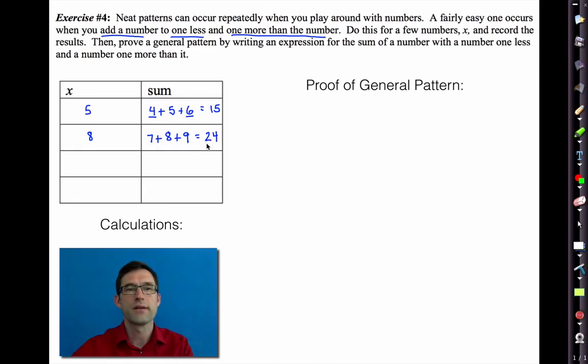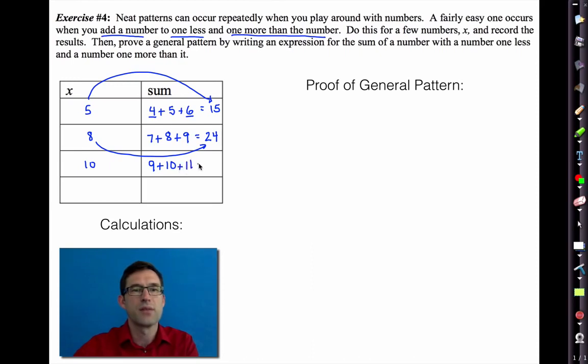Okay? I'm not sure I see the pattern yet. Remember, what we're trying to do is think about how the 5 relates to the 15, how the 8 relates to the 24. Let's go with another one. Let's go with 10. A number 1 less, 9, plus the number 10, plus a number 1 more, 11. 9 plus 10 is 19, plus 11 is 30.